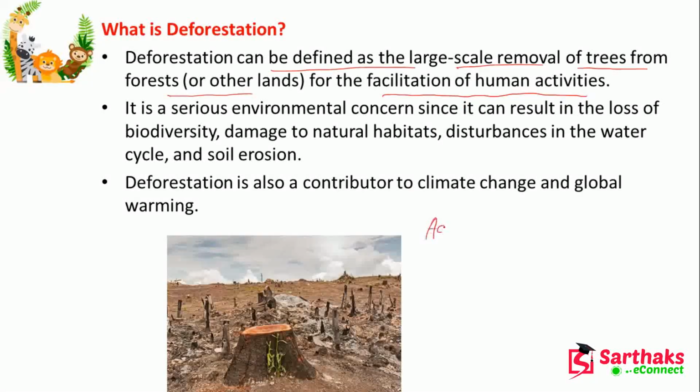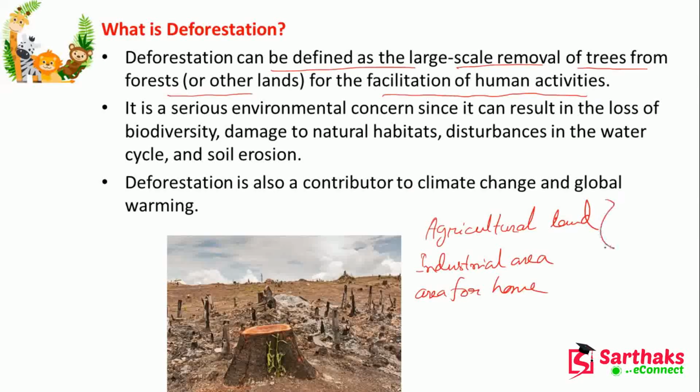Suppose I require more agricultural land. I require industrial area. I require area for homes. These are requirements, and these are genuine requirements. I'm not saying that these are not requirements.